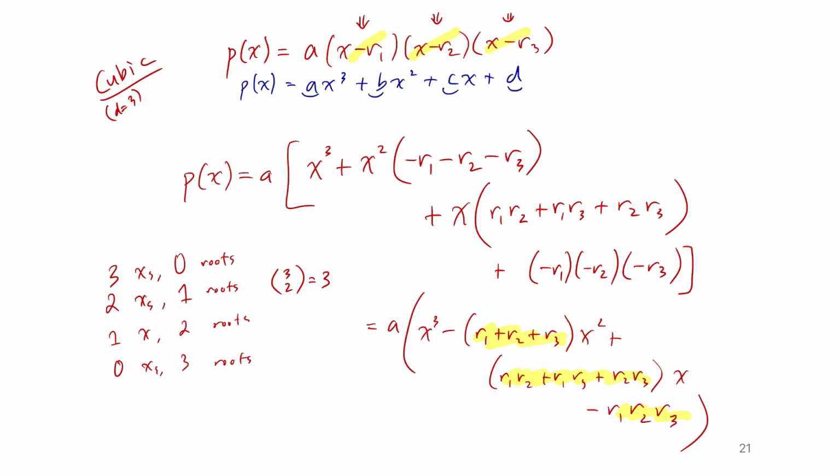Each of these is what we refer to as a symmetric sum. Why is it symmetric? Because if you change the order of any of them, it doesn't change. It's symmetric in terms of all of the variables you're given.